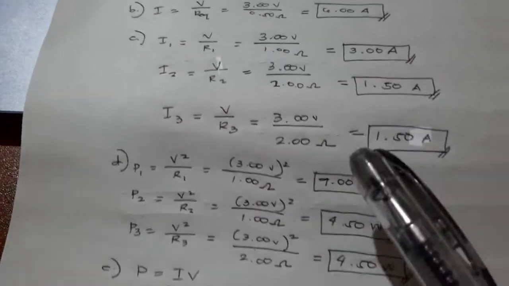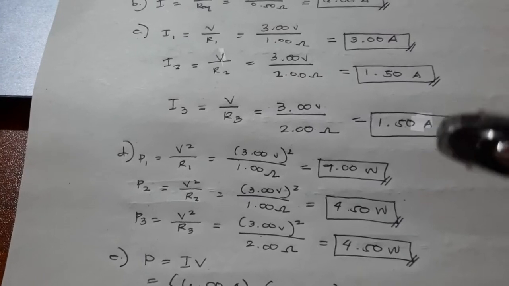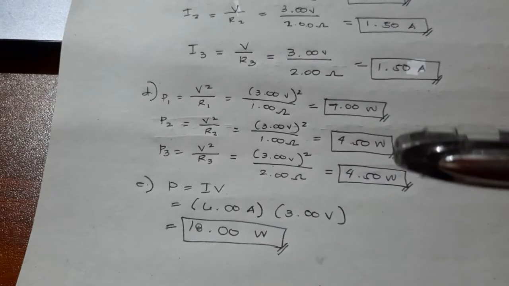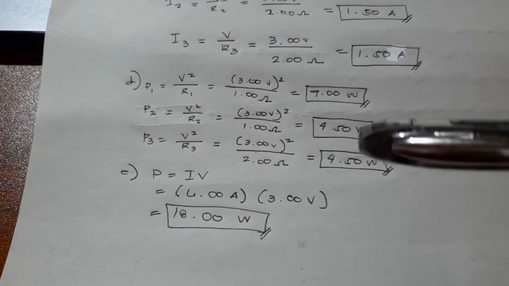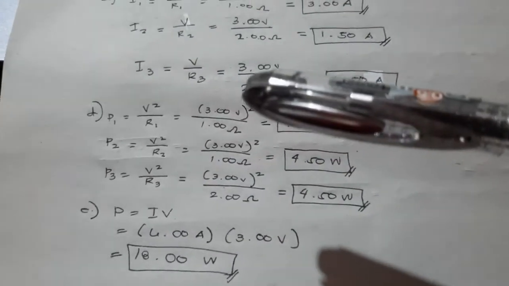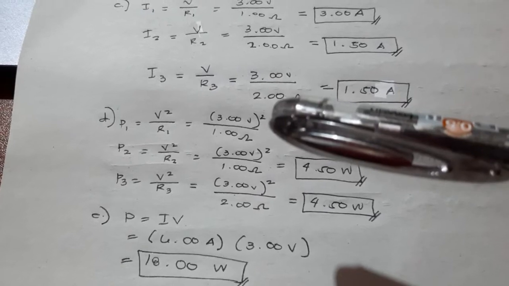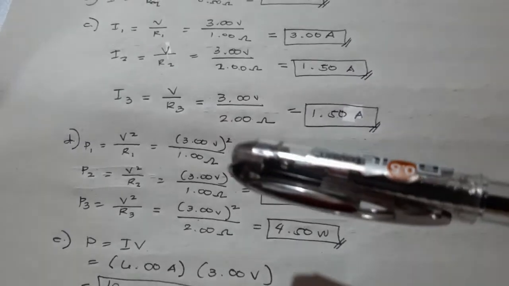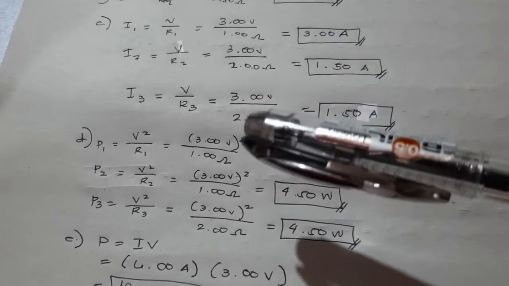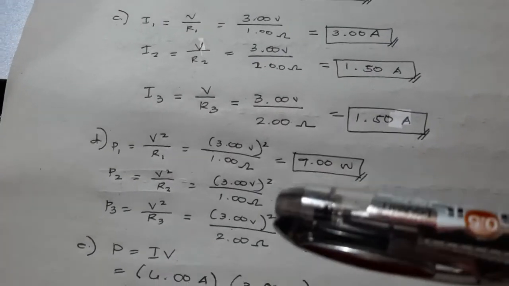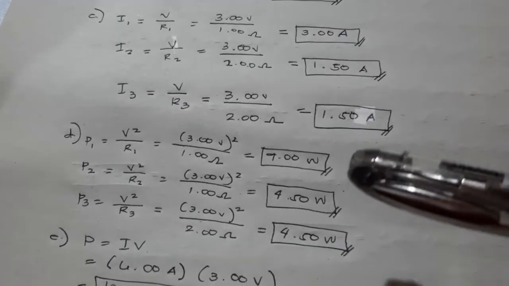Then letter D: the power dissipated by each resistor can be found using any of the equations relating power to current, voltage, and resistance. Since all three are known, let us use P1 equals V squared over R1. Substituting, 3 volts squared over R1, which is 1 ohm, equals 9 watts.